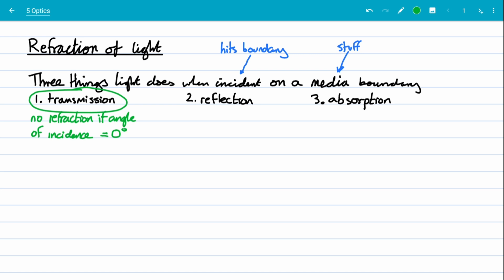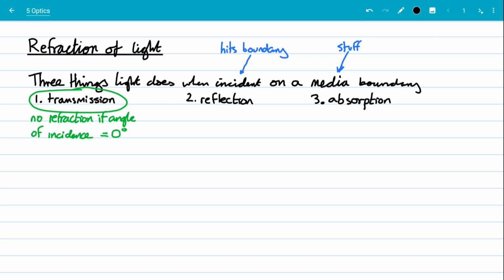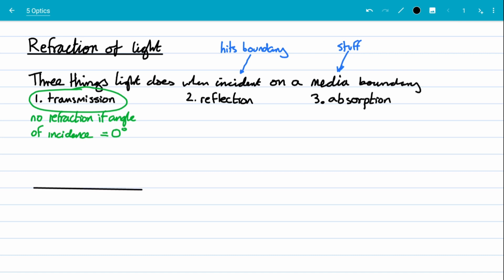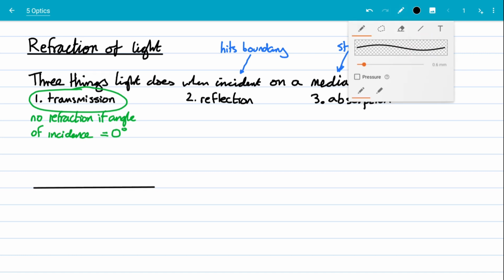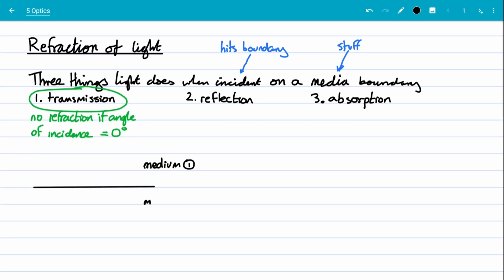Okay, so at GCSE level, you did meet the idea of measuring angles of incidence and what that means. So let's draw a quick diagram by way of a reminder. If I have a boundary between two media here, and I could label this top one medium 1, and this one down here, medium 2.